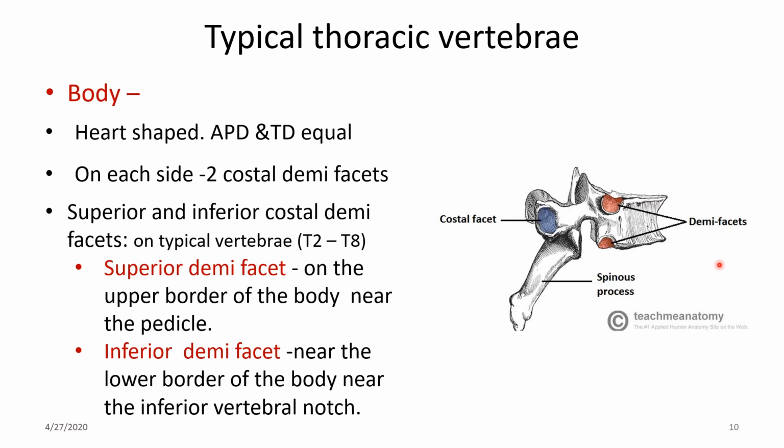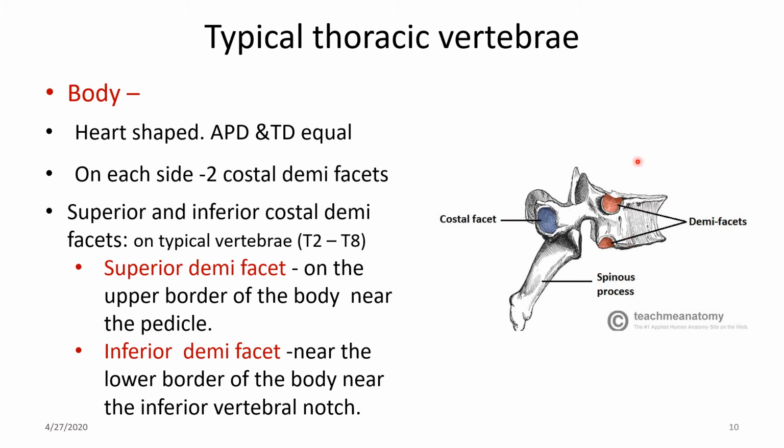Now, see the body is heart-shaped. That means it's almost equal in anteroposterior and transverse diameters. On each side, if you see the side view of it, it presents two demi-facets. They are called the costal facets. So superior and inferior costal demi-facets will be seen on typical vertebra, that is T2 to T8 vertebra.